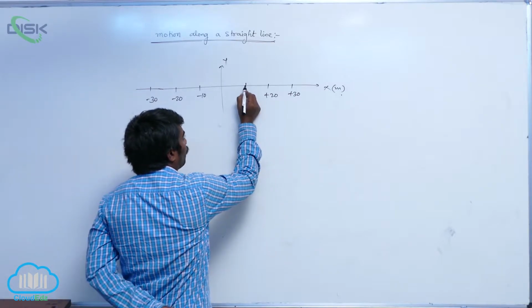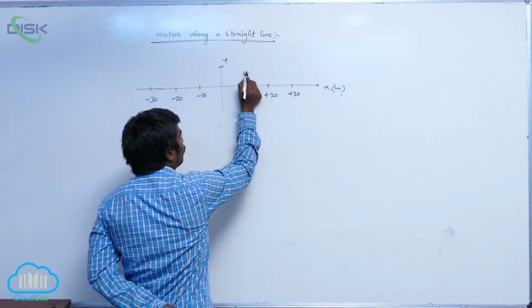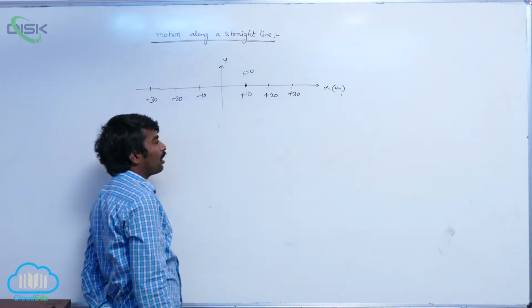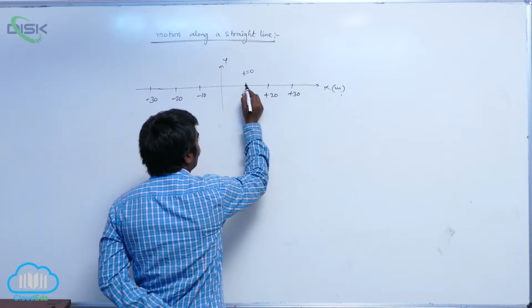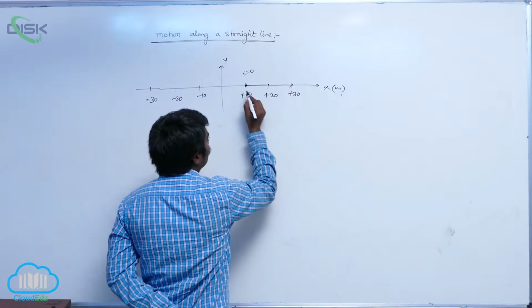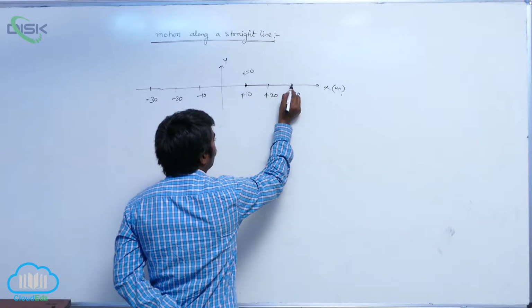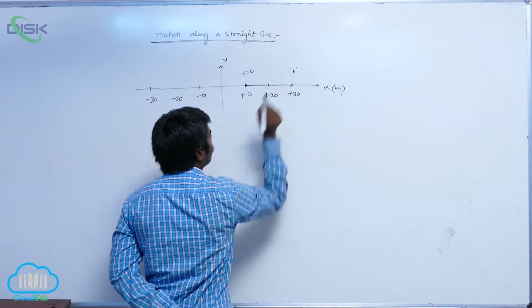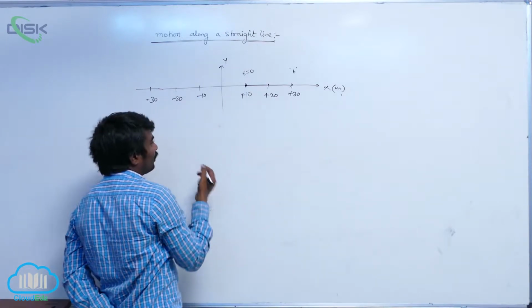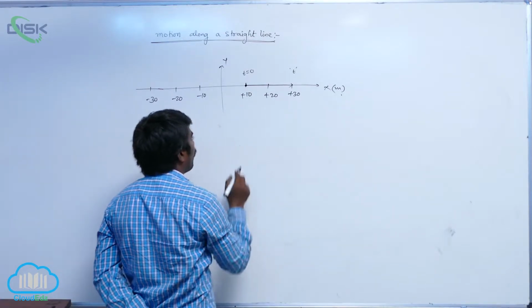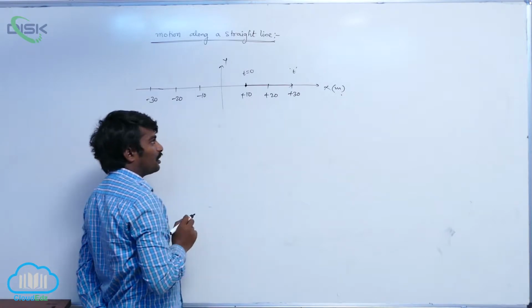Suppose the object is here at t equal to 0 seconds, and in time t it moves from this point to this point. How do we define the displacement?